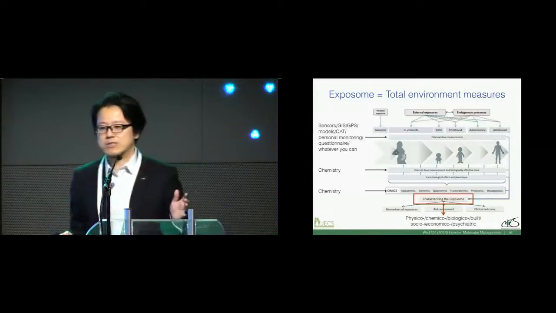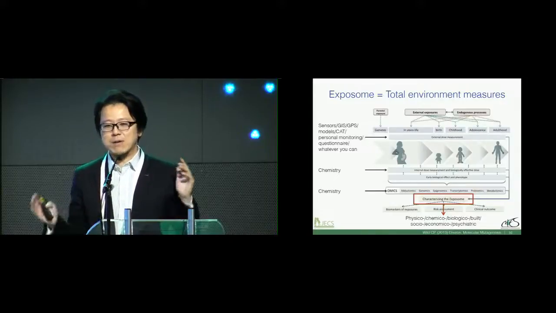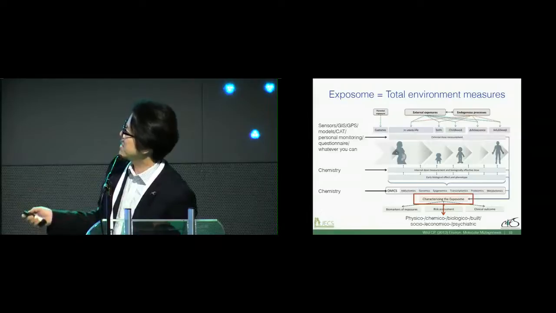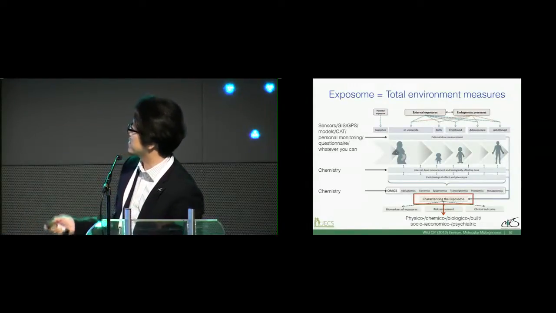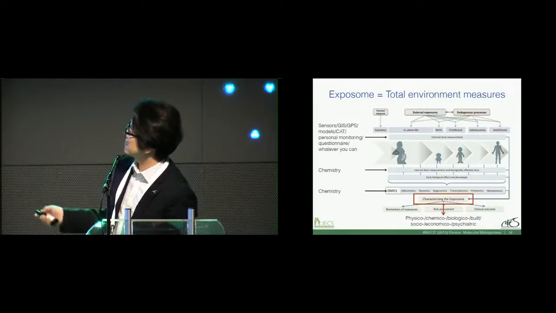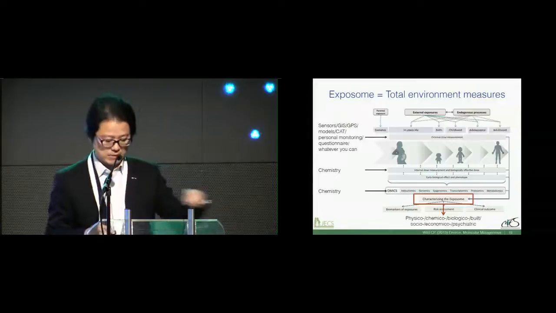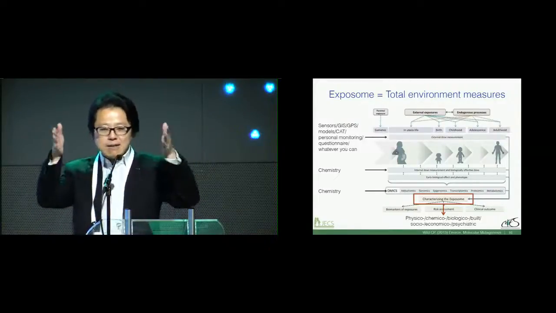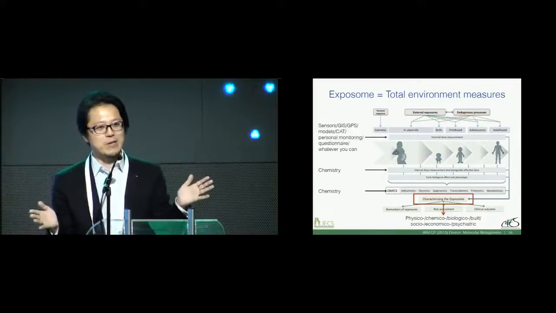The exposome is the total environment measures. Until we can rely 100% on chemistry, we have to use other measures, sensors and other things, to calculate all the environmental exposures. So JECS is looking for any technologies that come up that we can use.